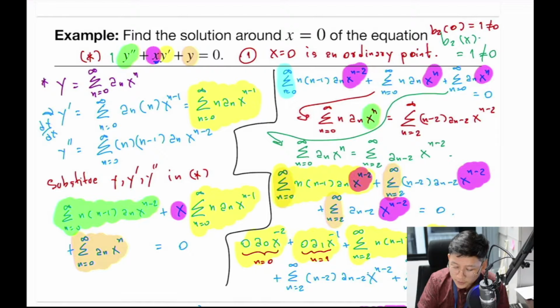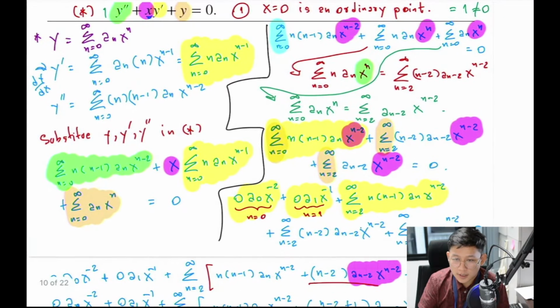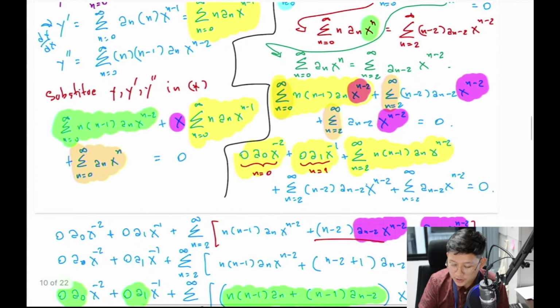So the summation from n equals 0 to infinity, we can change to n from 2 to infinity and substitute n with n minus 2. Similarly here. So after I change the exponents, I get x to the n minus 2, all the same, right?